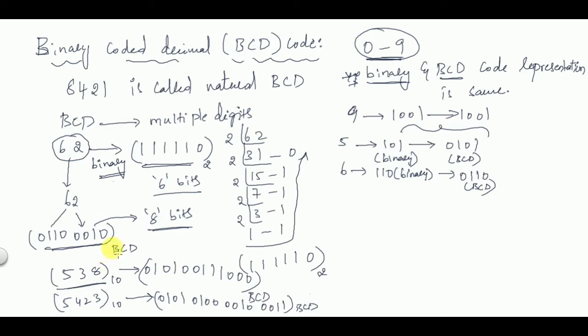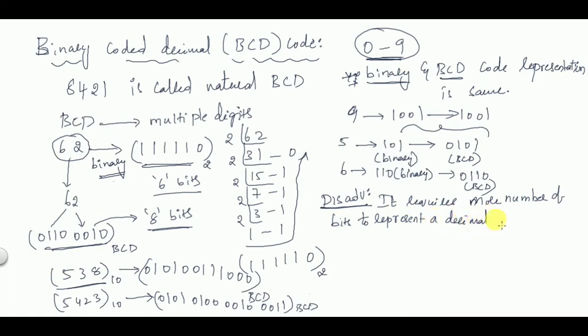So the disadvantage here, a very important point: the disadvantage in the case of BCD code is that, when compared to the binary number system, it requires more bits to represent a decimal number than binary.